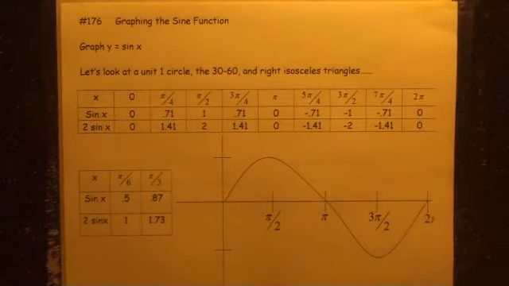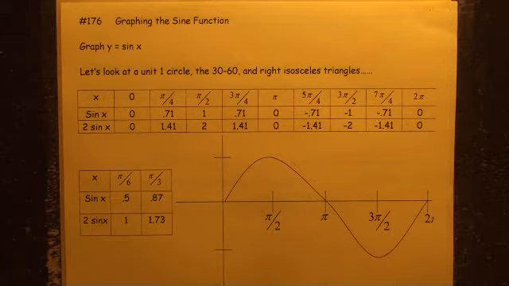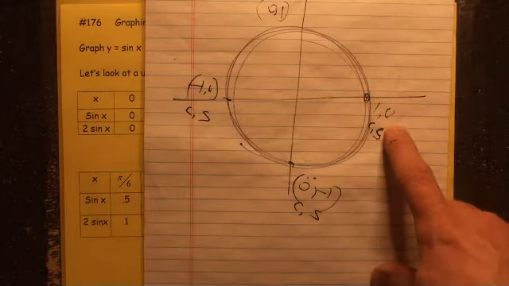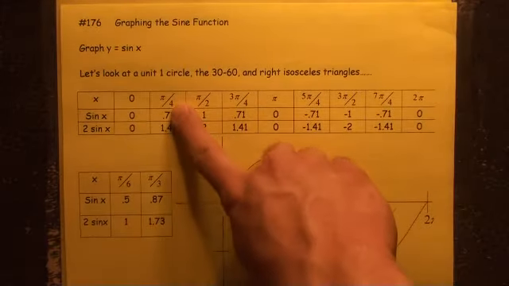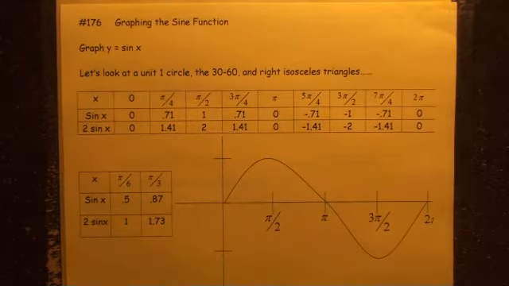Here we go. Let's take a look at sine x. Now, looking at our unit circle, what's the sine of 0? 0. There you go. What's the sine of 45 degrees?